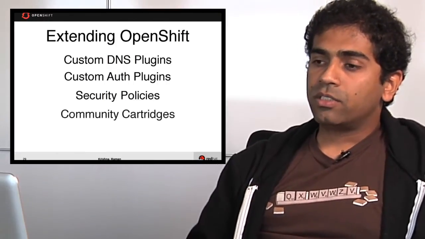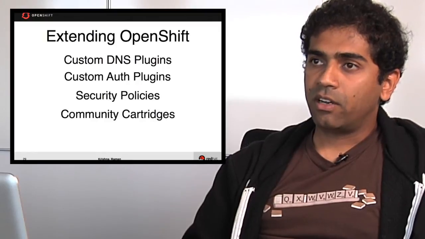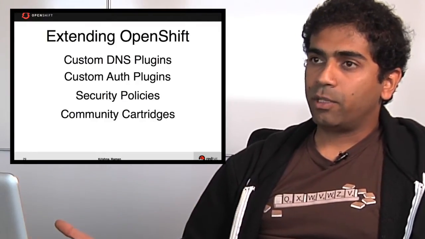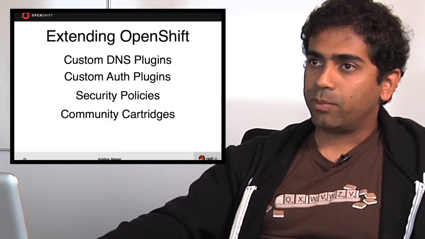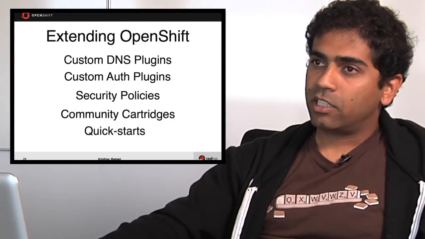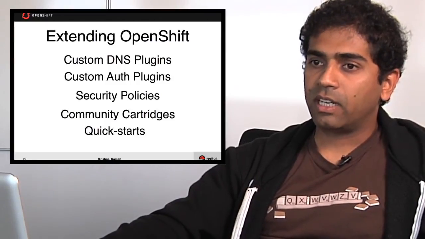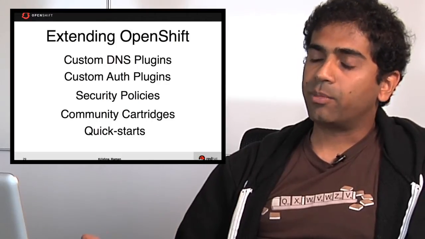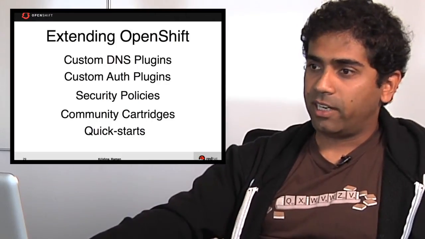There are a whole bunch of community cartridges also being built right now, and these will be available to you to use within OpenShift Origin. And we had discussed quick starts before. You can always create additional quick starts and have your developers use those quick starts to build their applications.